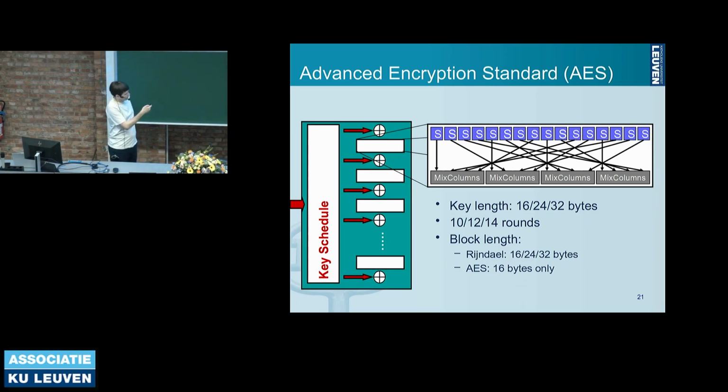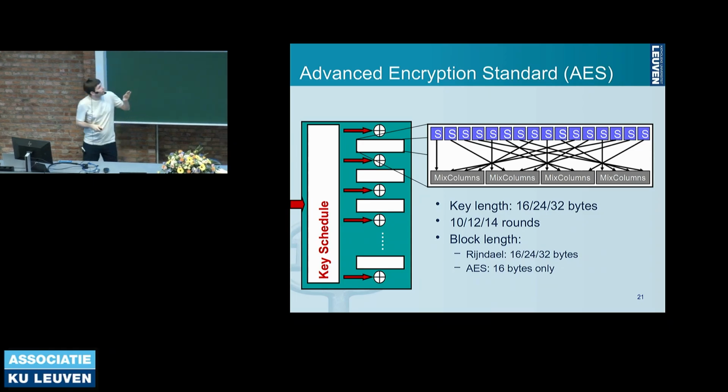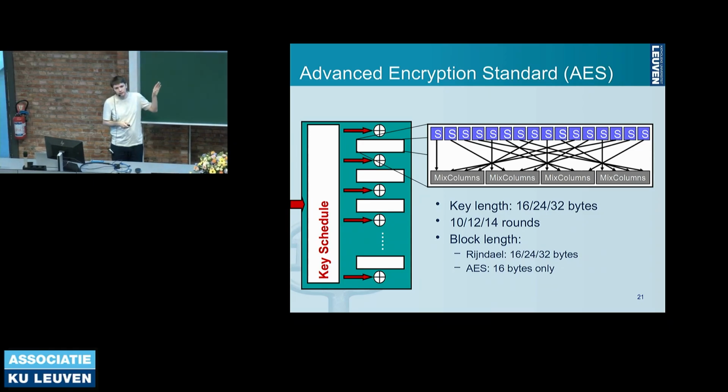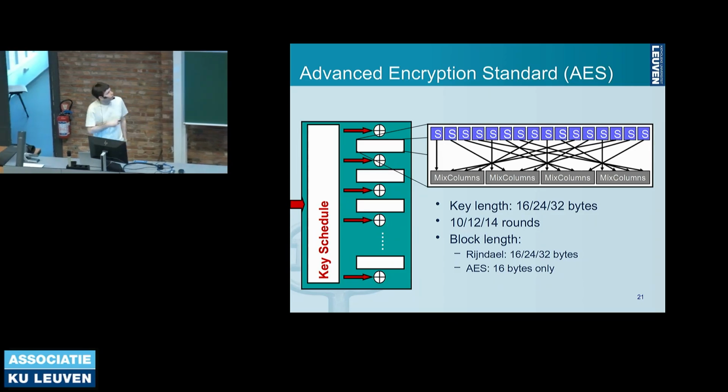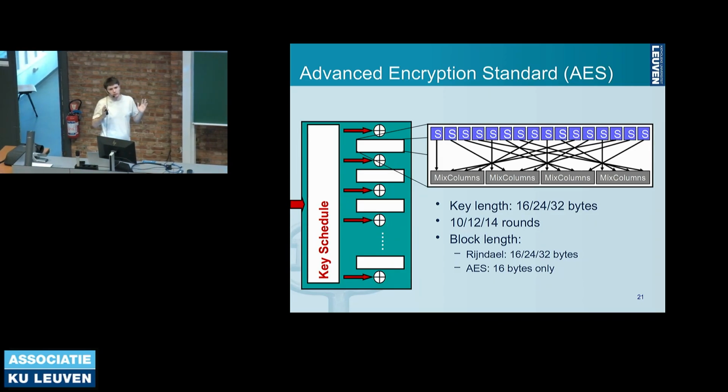So you have, again, 16 bytes, 24 bytes, or 32 bytes, in addition to these key lengths. But only the one with a 16-byte state was standardized, although NIST is now going to standardize the one with a 32-byte state too, because we'll see later that sometimes a 128-bit state is a bit small for some applications.